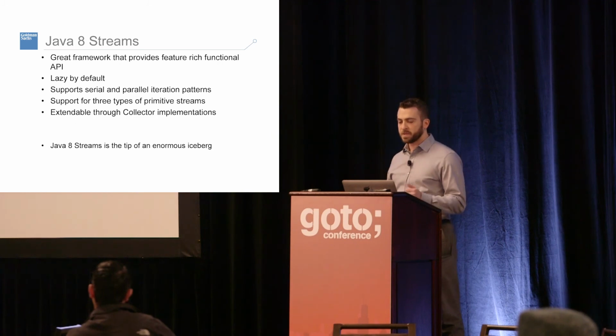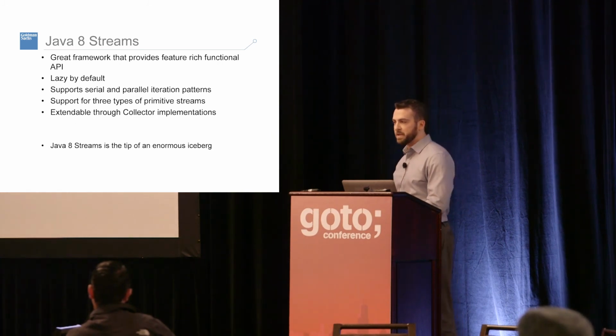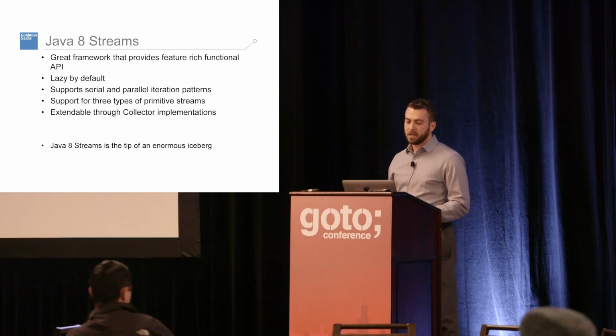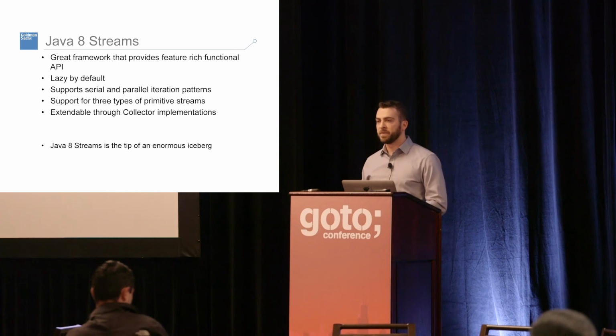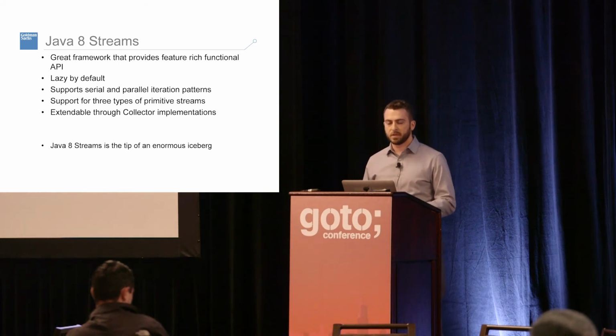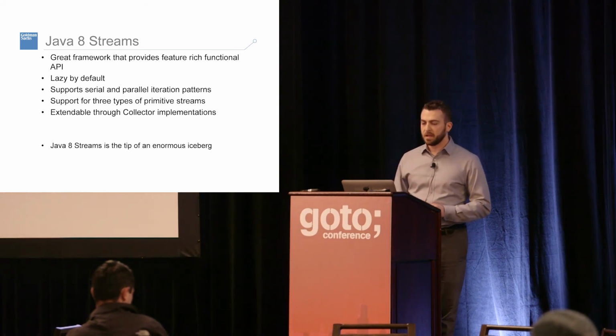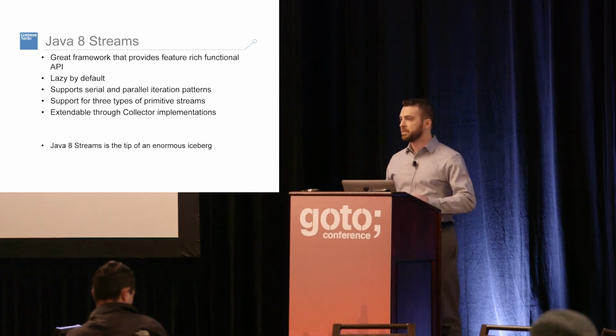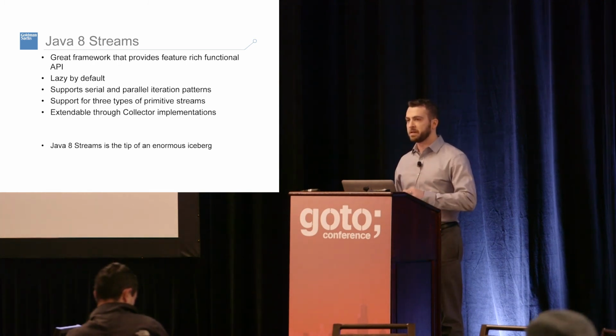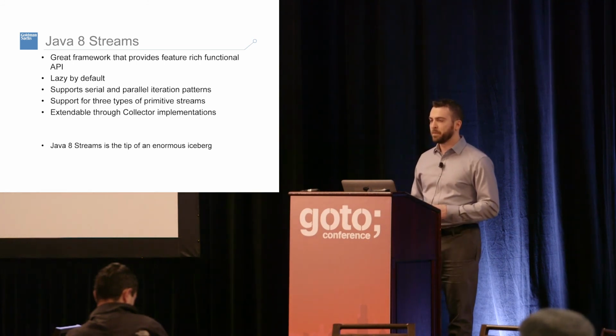It also supports both serial and parallel iteration, and I'll get more into parallel iteration later. And it has some limited support for primitives as well. We have IntStream, LongStream, and DoubleStream. And it's extensible. There's only a few methods on stream, but it's extensible through that collect pattern, where you pass in collectors. And we'll see a little bit more of that.